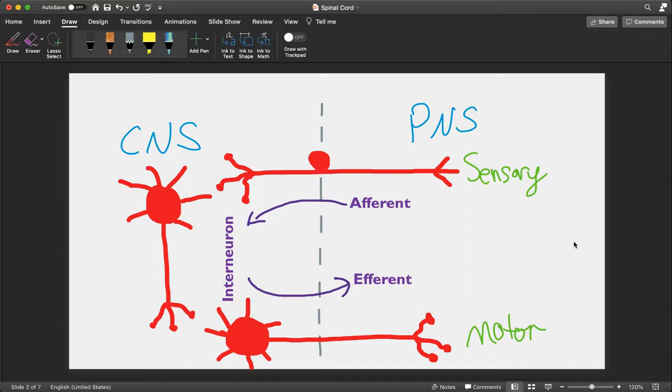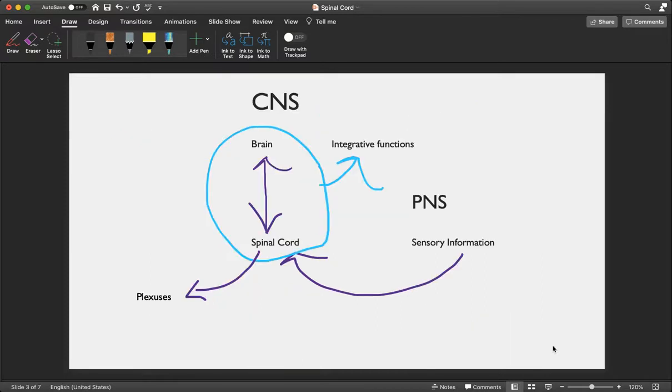So we know that we have sensory signals getting picked up from the nerves, and then they get processed in the CNS. Well, it's not just the brain that's processing them. They do have to go through the spinal cord as well, and then actually back down the spinal cord so that they can be acted on properly. So here we have it again, PNS.